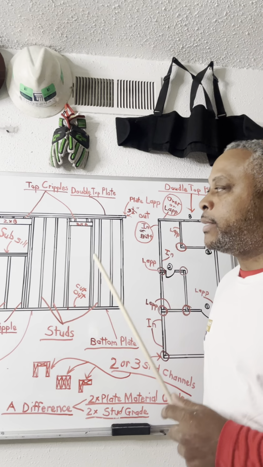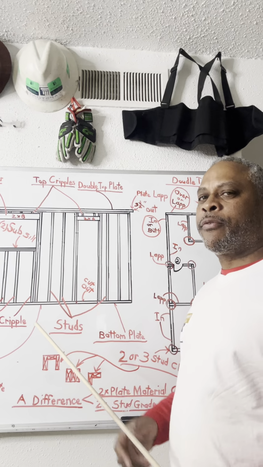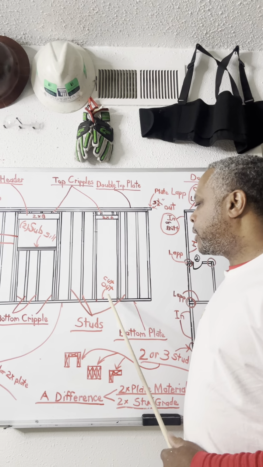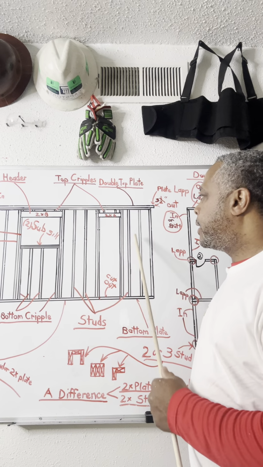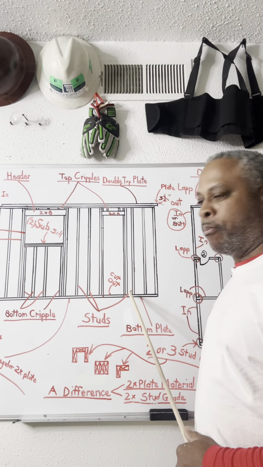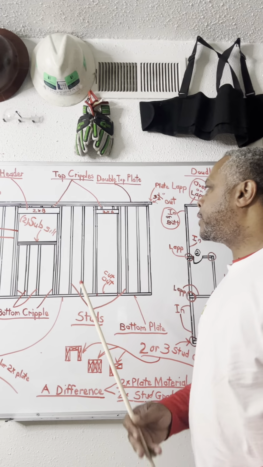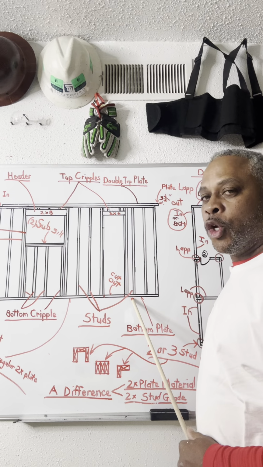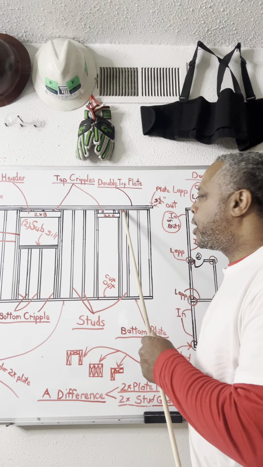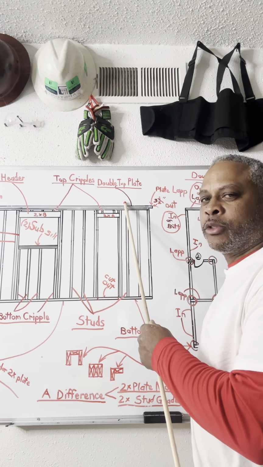So today, when you look at my frame, you're gonna see studs. Studs are regular framing members that are attached to a bottom plate and a top plate. You have a bottom plate, you have a top plate, but you also have a double top plate.